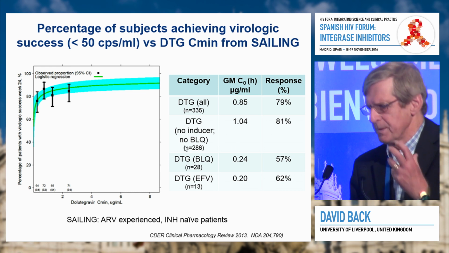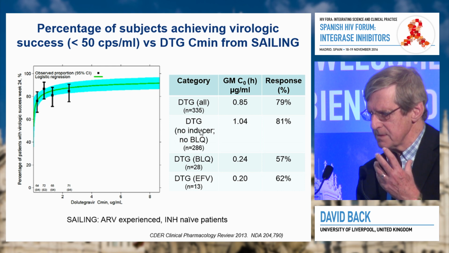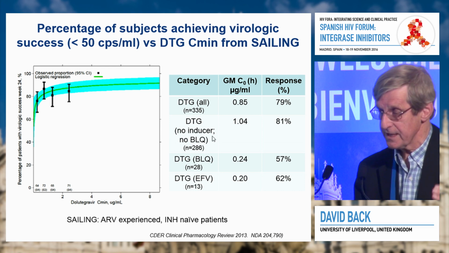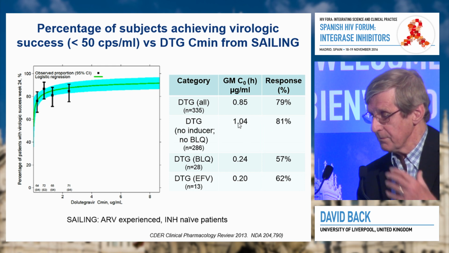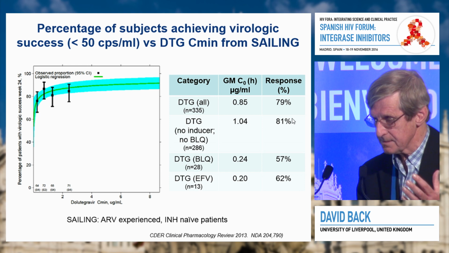Because it was experienced patients, some of the patients had an enzyme inducer. If there was no inducer and patients were adherent, then the concentration was high and the response was 80%.